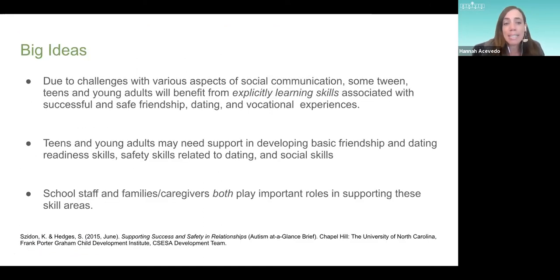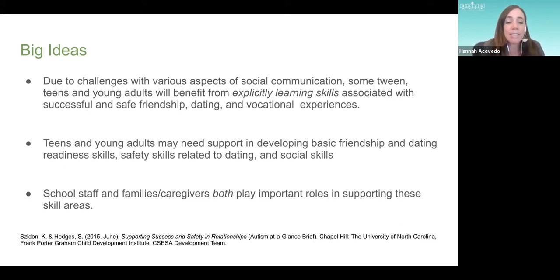Some big ideas to think about when we're noticing difficulties that might be due to difficulty understanding social boundaries: what we really want to focus on is explicitly teaching or helping the individual learn skills and concepts that are going to help them get what they're hoping for, which is a safe friendship, a dating experience, or a vocational experience.